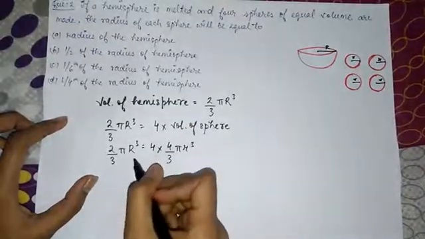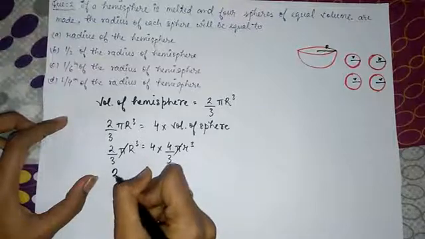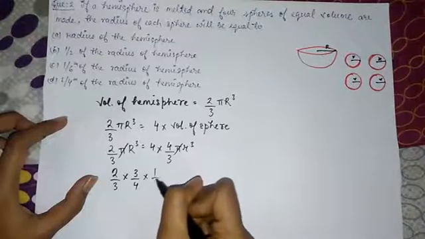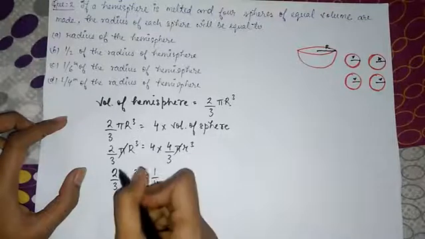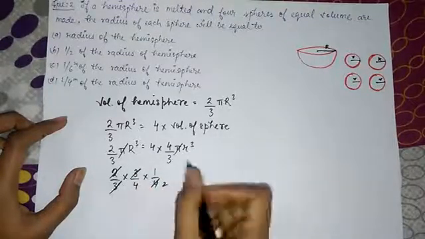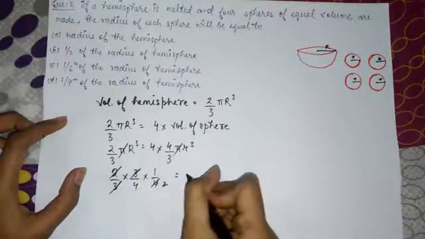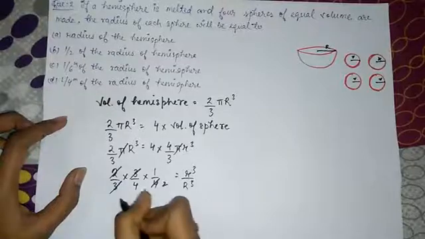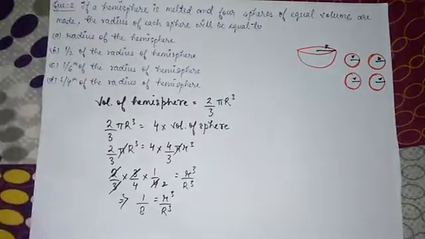4 by 3 pi r cube. Okay, this pi and pi gets cancelled here, and here we get 2 by 3 into 3 by 4 to 1 by 4. We brought these values this side, so this is reciprocal and this is divided. And then we take this R cube here. What we get here is 1 by 8, r cube by R cube. So what do you get from this?